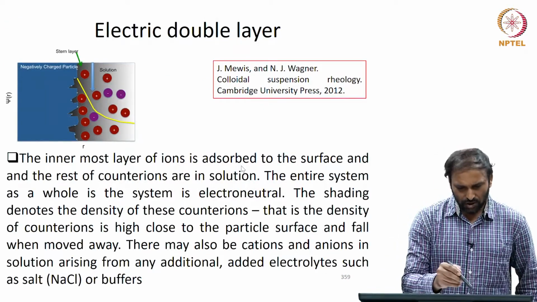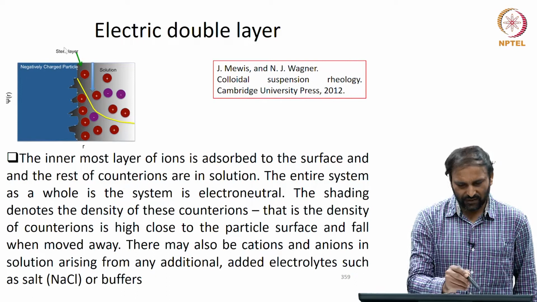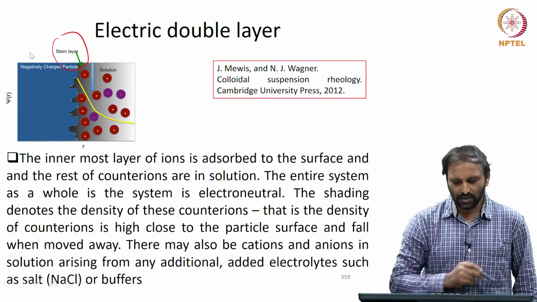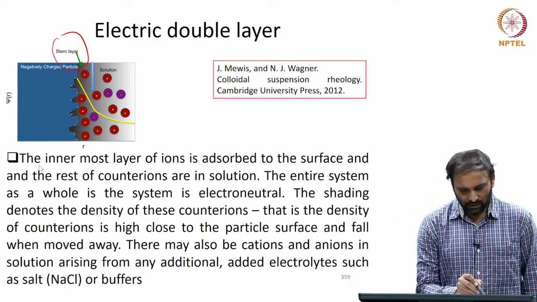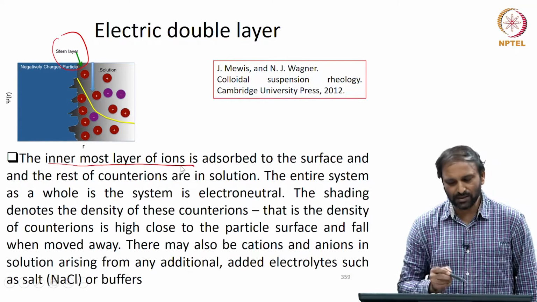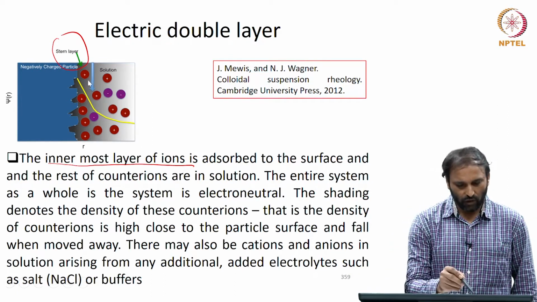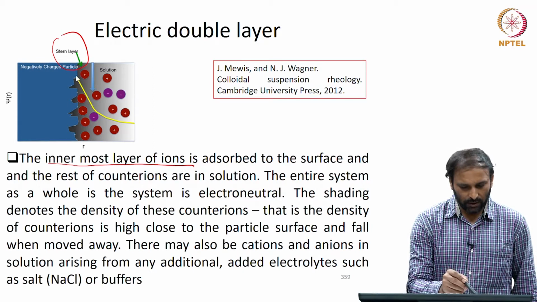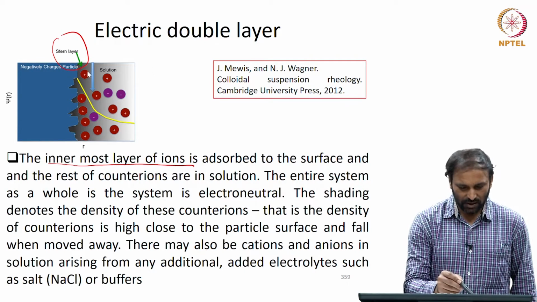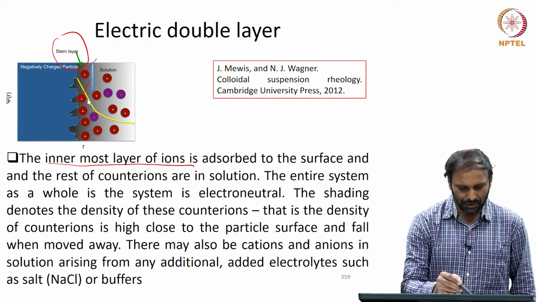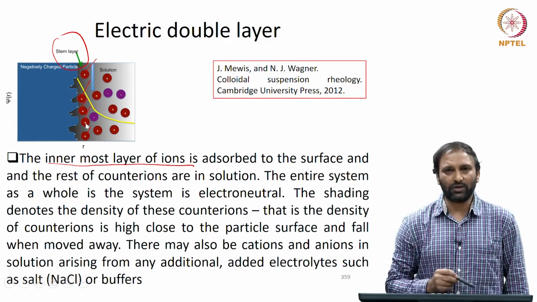What is also marked in this picture of the electrical double layer is something called the Stern layer, the innermost layer of ions. Because the particle is negatively charged, these positive charges that you see are the counter ions.